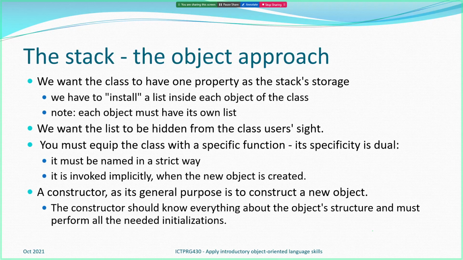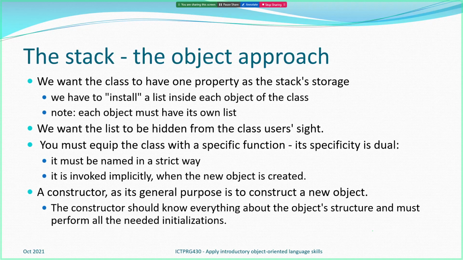Now, there's a few things we need to have in place to have this occur. We have to have the properties defined in the class. So we need to install a list inside the object, and as we want to be able to replicate it, we don't have a single list.